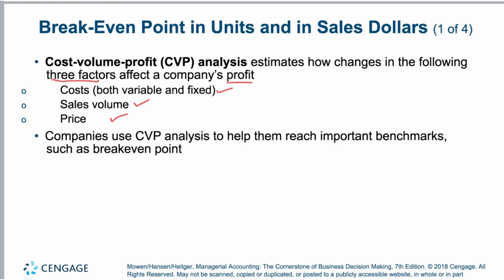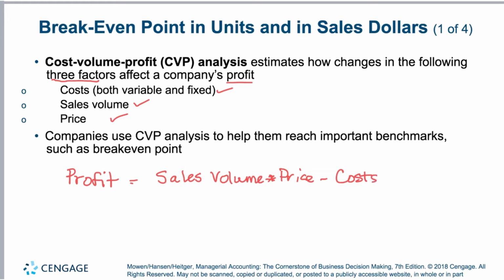Profit equals sales volume times price, so it's how many you sold times the price that you sell it for, minus cost.